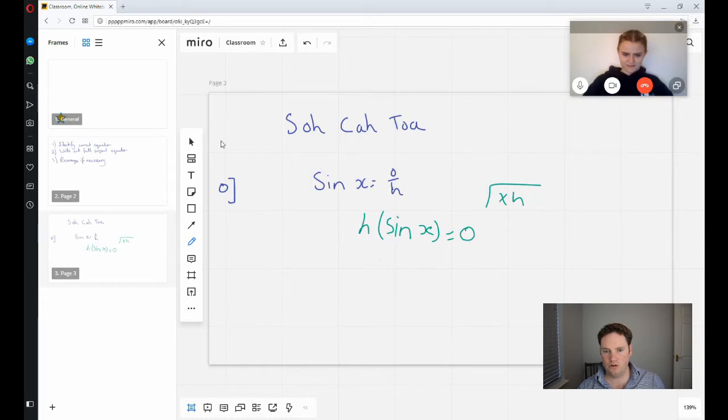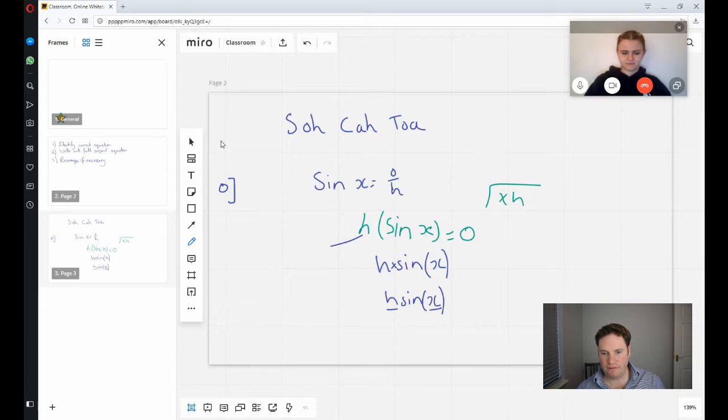You could write h sine x, but only because we know if we put it before, that's effectively times, and we know the x is going into the function. When you write h sine x, it looks like h and x are doing about the same thing, but they're not. X is going into the function, and h is doing exactly what you said with these brackets. H is timesing the whole lot.